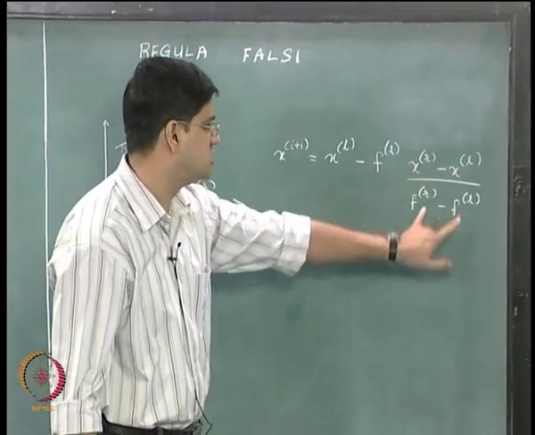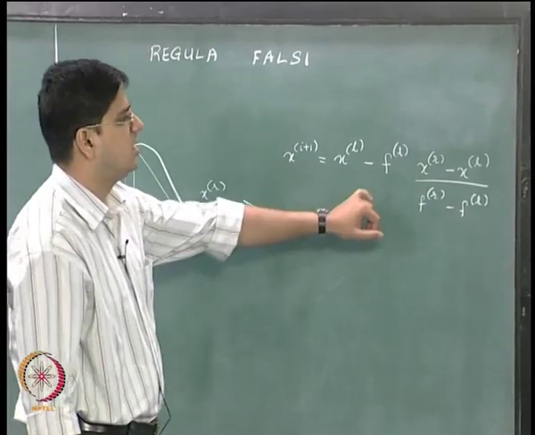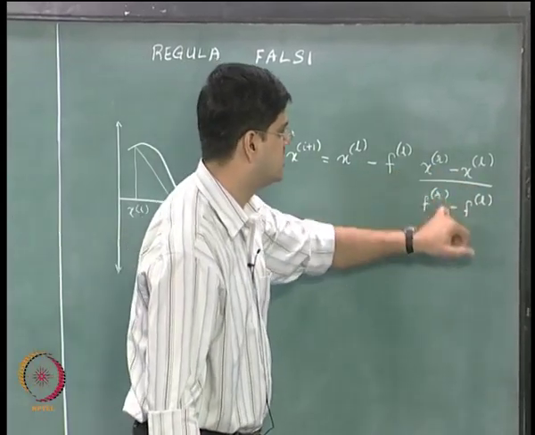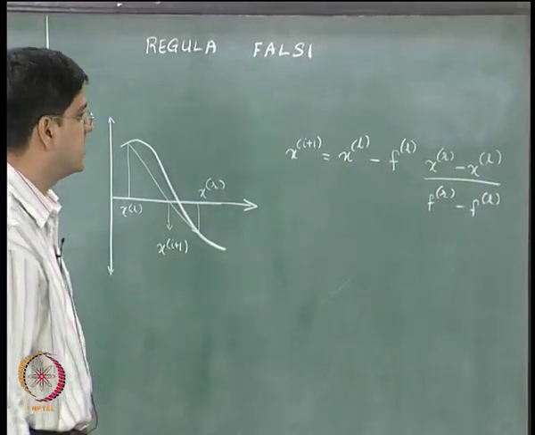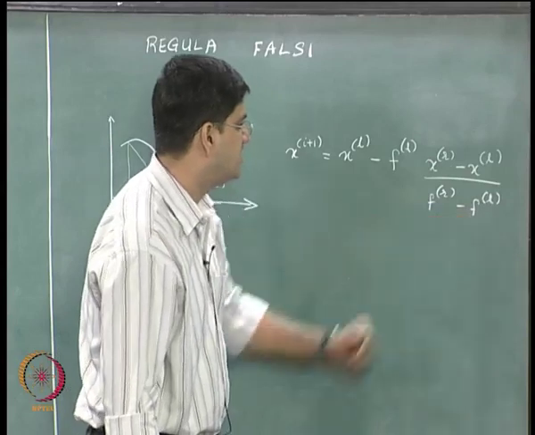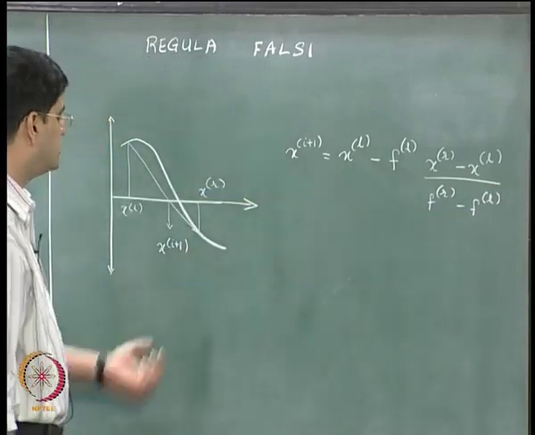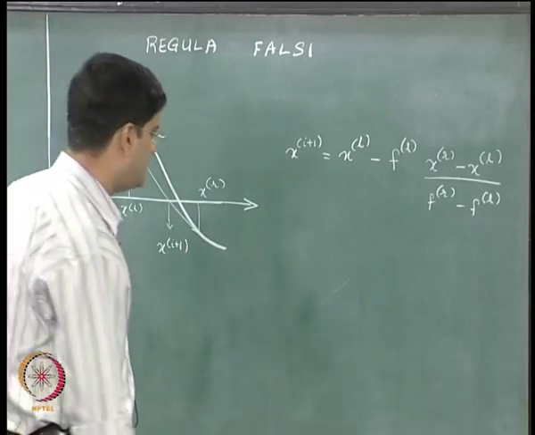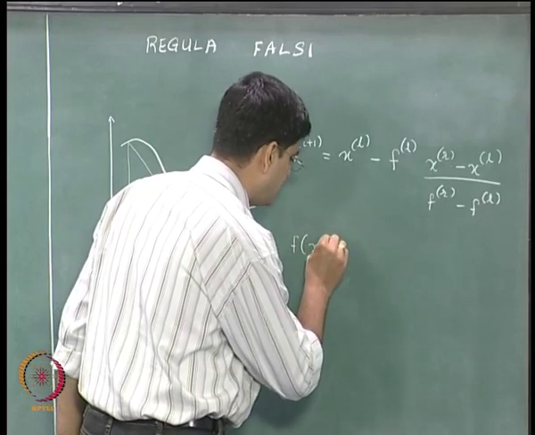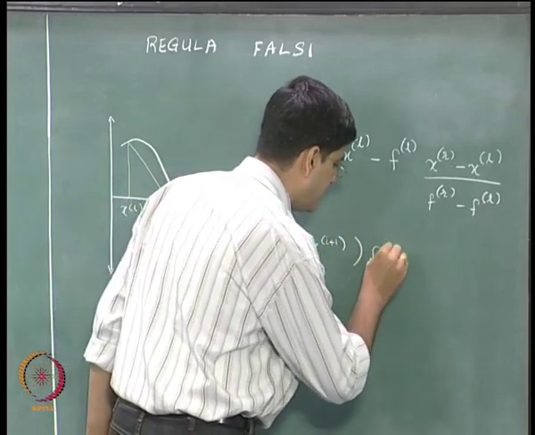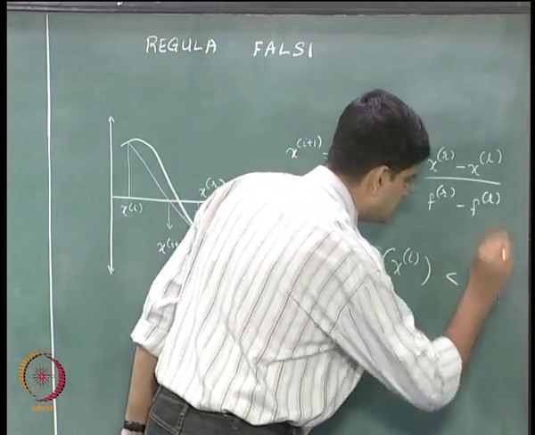As long as you interchange both the numerator and denominator, it really does not matter. The reason is that the numerator will be the negative of this and the denominator will also be the negative of this, and the negatives will cancel. So, this is what we did to get the new guess x i plus 1. In Regula-Falsi, the next step was to check whether f of x i plus 1 multiplied by f of XL is less than 0.